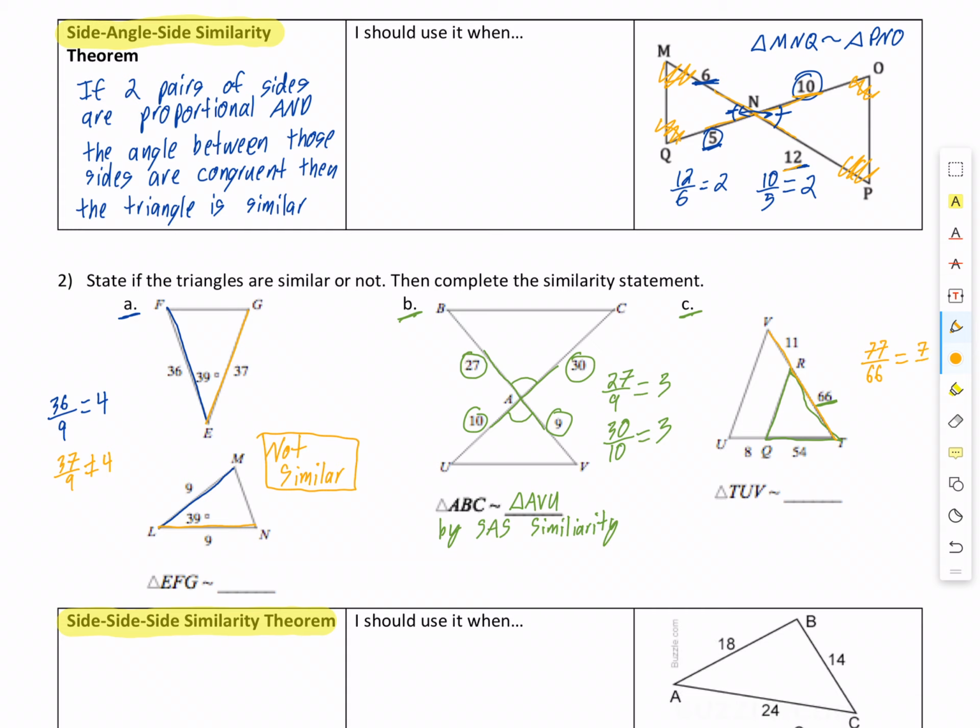So that gives us 7/6. I would simplify that down, or we can get a calculator. And then we would need this long side right here, which would be 8 plus 54, which would be 62. It needs to be proportional to 54. We'd have to reduce that down.